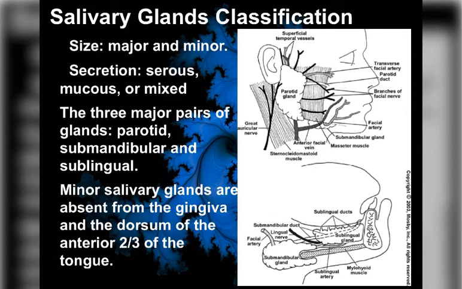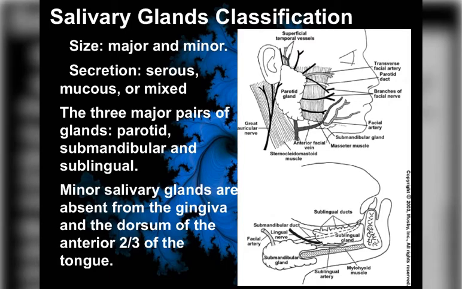We talked about minor salivary glands in the anterior region of the oral cavity. They are mixed. Also the sublingual gland is mixed, mainly mucus. Submandibular gland is mixed, mainly serous. The three major pairs of glands are the parotid, submandibular, and sublingual.